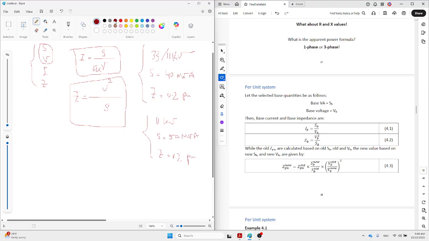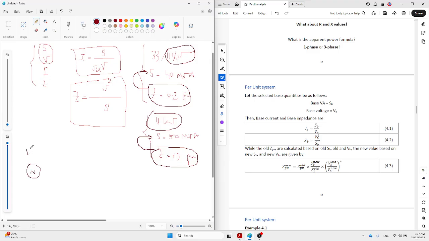So what is the problem here? The problem here is this Z per unit uses this S, and this Z per unit uses this S, where the S values are not aligned. However, the V can be the same. Assume this is the generator at 11 kV.